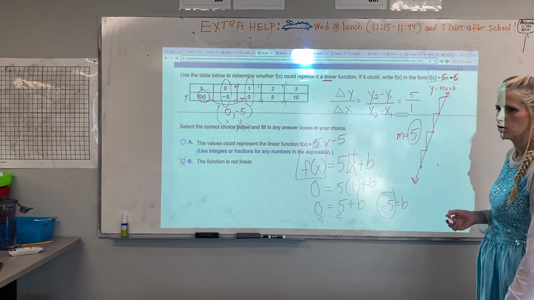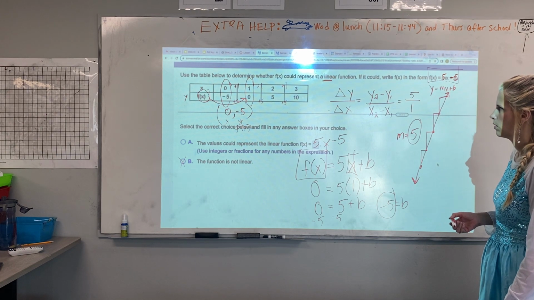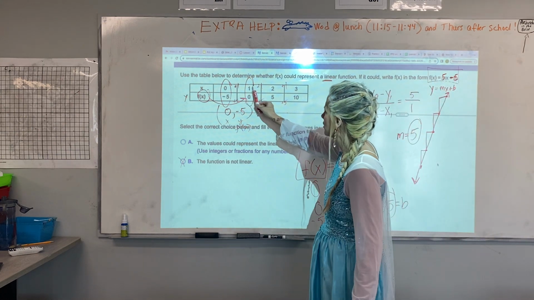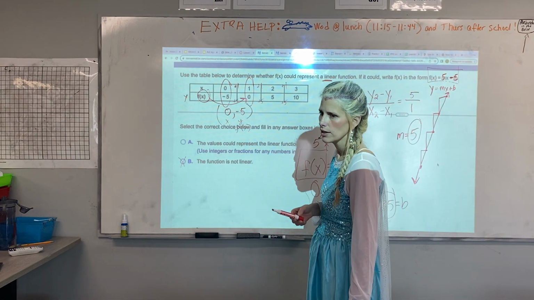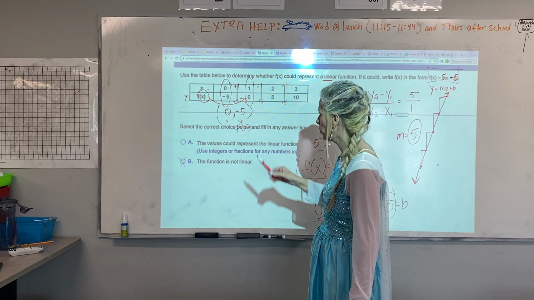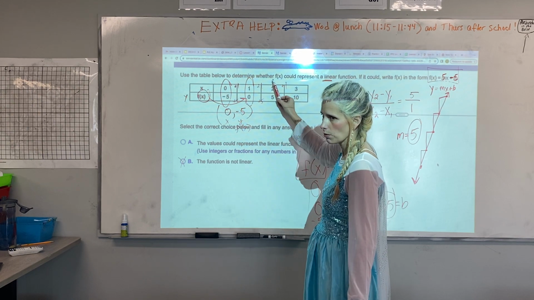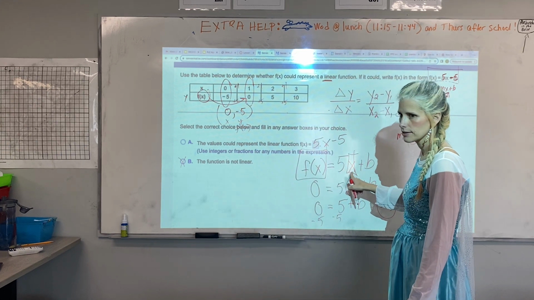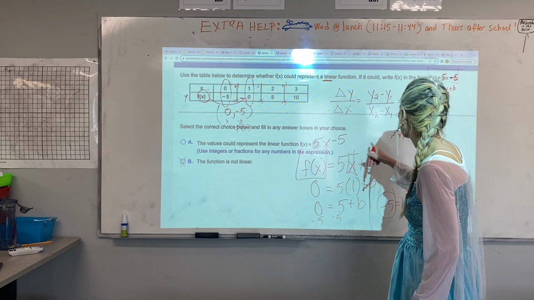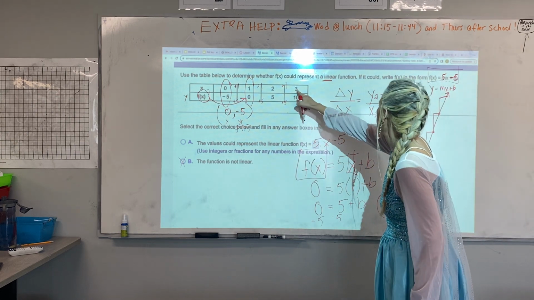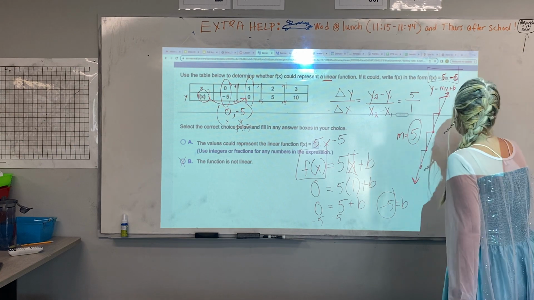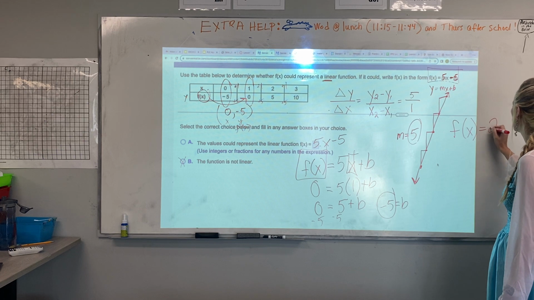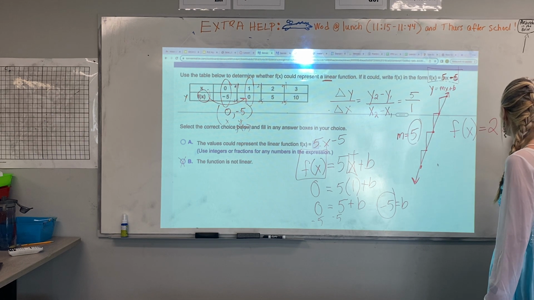Determine whether f of x could represent a linear function. Did you find the changes in your x and compare them with the changes in your y? What was it? 2. So your change in y was 2 over 1? Okay, so your function is 2x because that 2 represents your slope. We had 5 over 1, so our slope is 5. You have 2 over 1, so you have f of x equals 2x plus b.